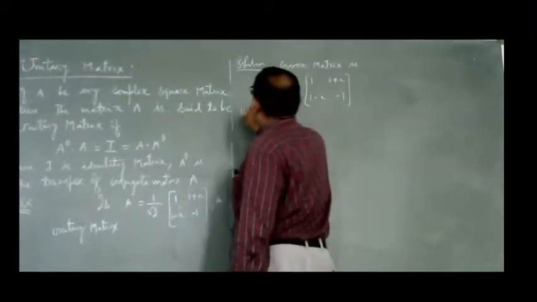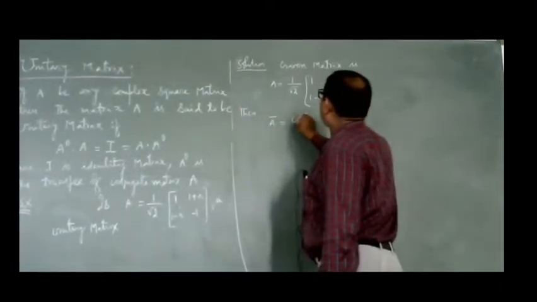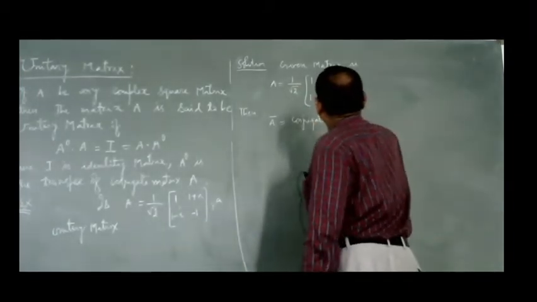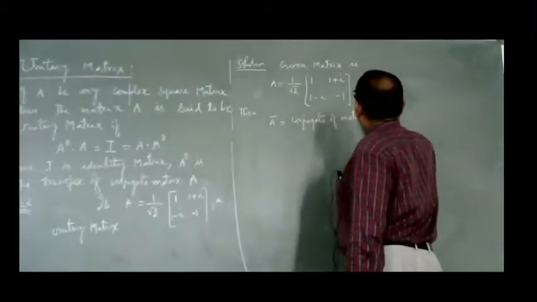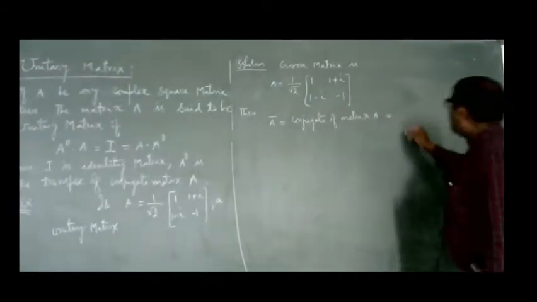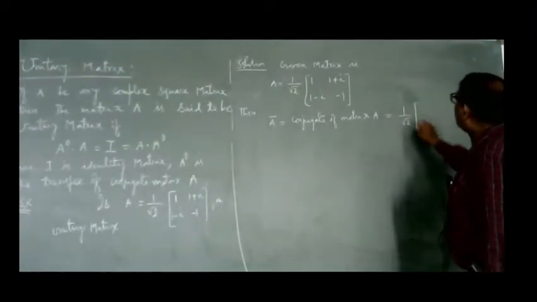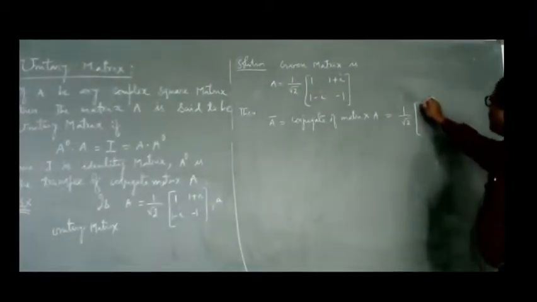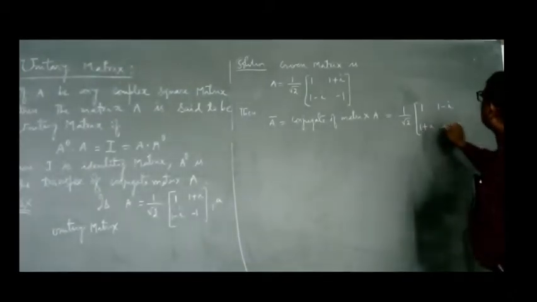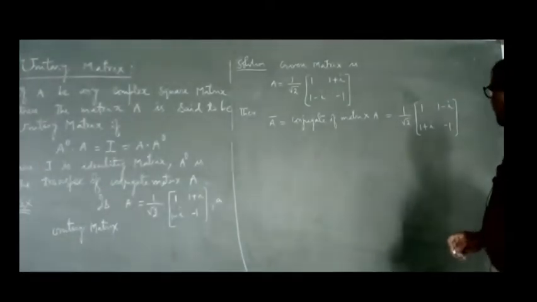Then A bar, nothing but the conjugate of matrix A, is 1 by root 2 times 1, 1 minus i, 1 plus i, minus 1. This is the conjugate matrix A.